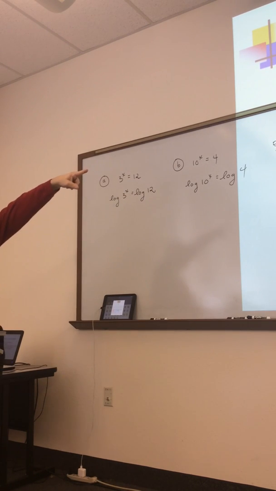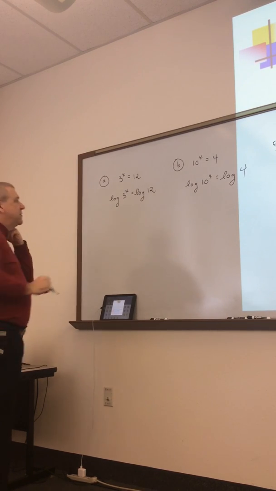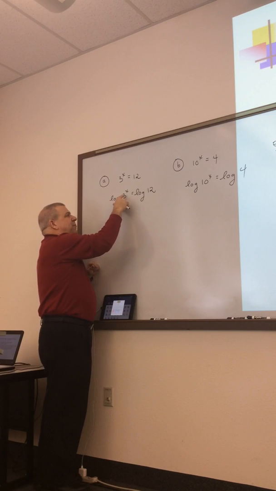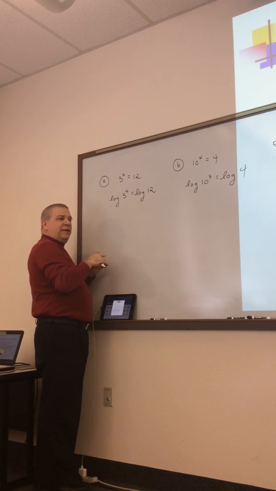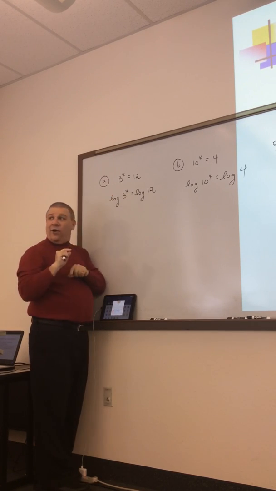Now, look what it says up here. Take logarithms on both sides and then use the power rule. The log of 3 to the x means what using your properties? We already did properties. You can't forget this stuff. Where does that exponent go? Already did this.